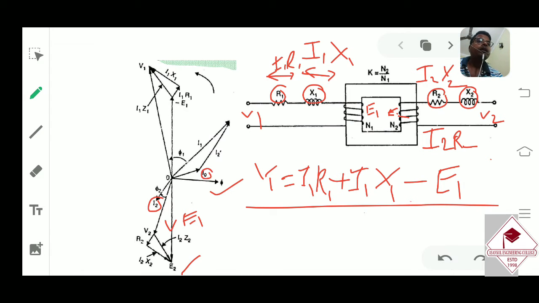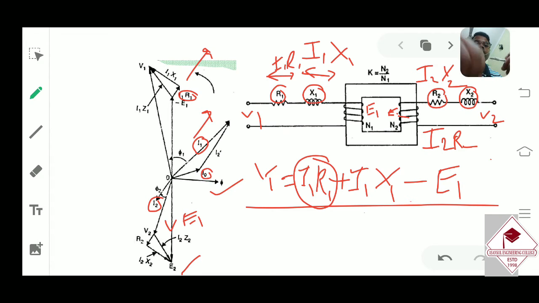So it should be in phase with I1. See here, from here I1 R1, we are drawing it in the direction of I1. The direction of I1 is what? This one, in this direction. So in this direction we are drawing this I1 R1 also. Clear? So the direction is important.